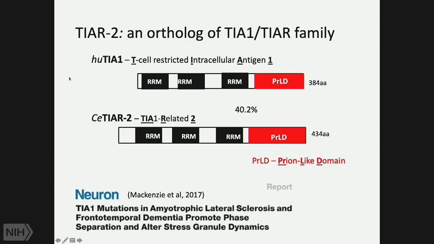What characterizes this TIA family, besides the 3 RRM domains, is a prion-like domain, which tends to form some sort of aggregates in various proteins. A few years ago, there were reports that point mutations in the human TIA1 gene are linked to stress granule dynamics as well as ALS patients.